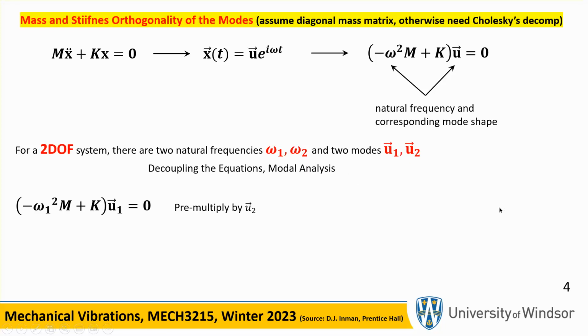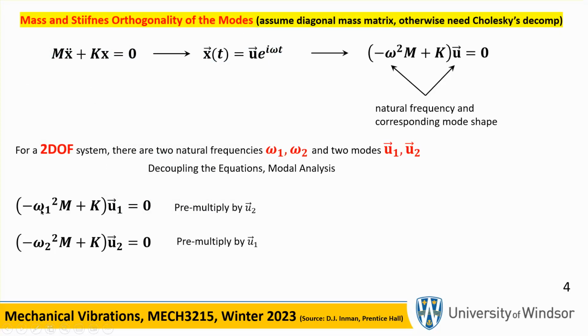Okay, so here is where we're going. If you take this omega 1 and this U1 and plug it in that equation, it satisfies it right here. And the same thing with omega 2. If you take this omega 2 and this U2 and plug it in here, it satisfies it. So let's take this top equation and multiply on the left by U2.